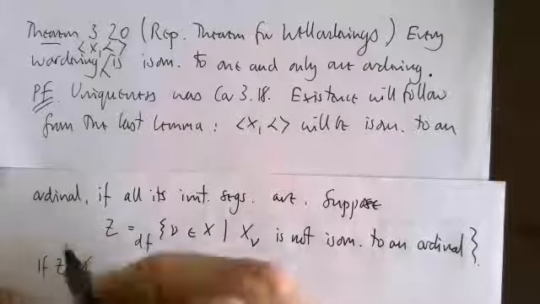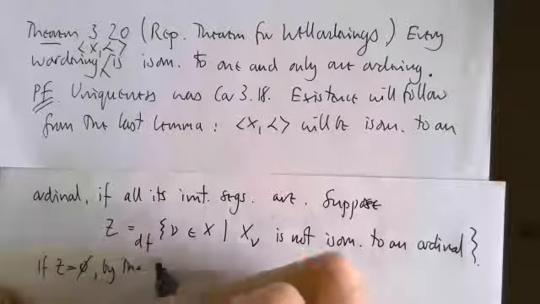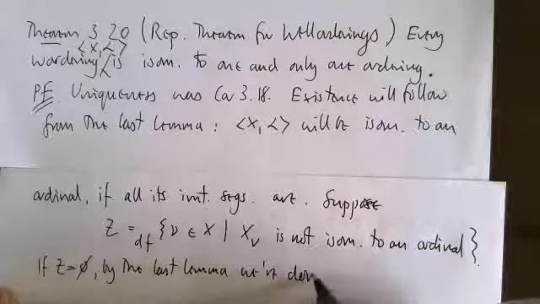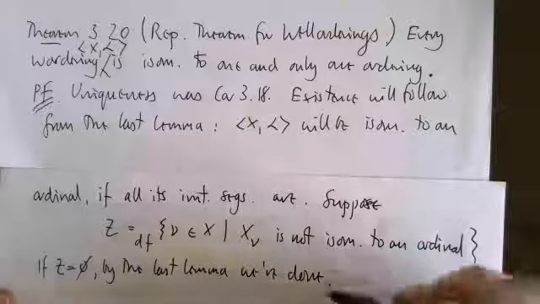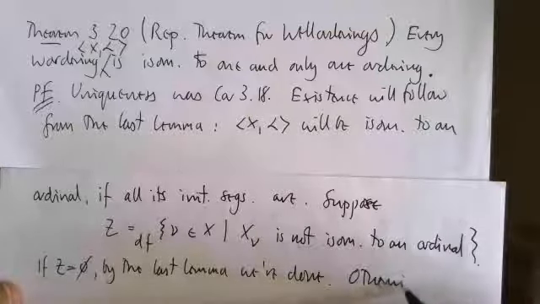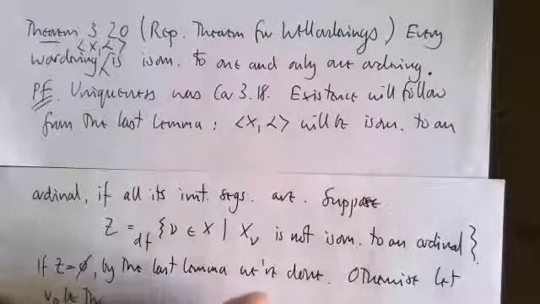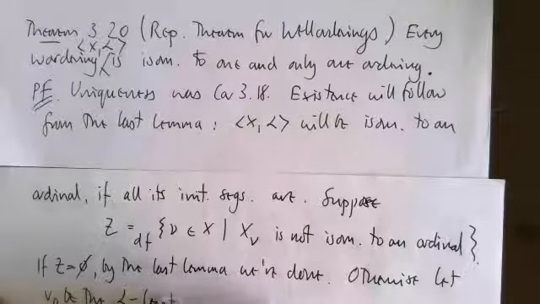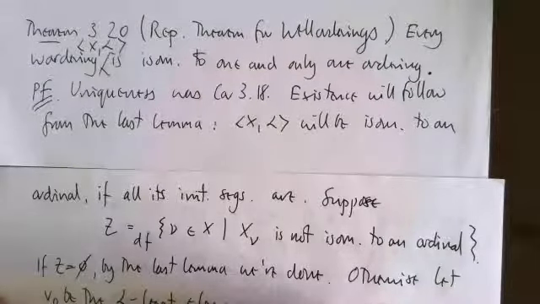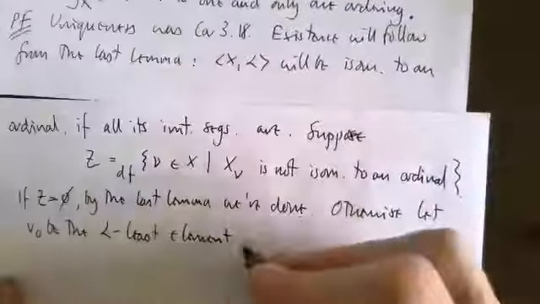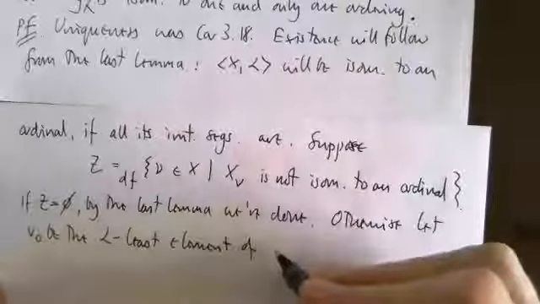So if Z is empty, by the last lemma, we're done. So otherwise, let V0 be the least element in X under less than, which is in Z. Least element of Z.